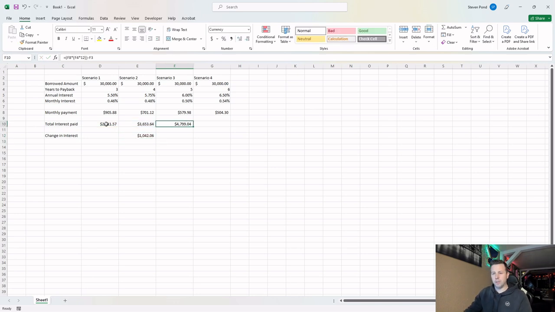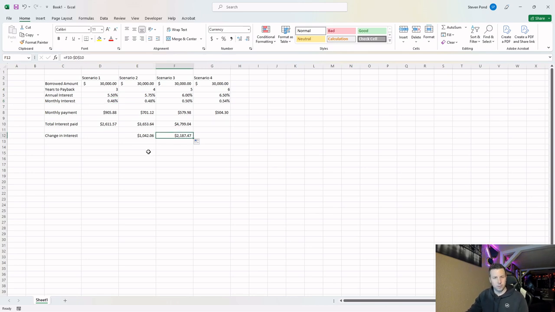I want to see the change from the latter scenarios to scenario 1. So from here, the change in interest for scenario 3 is over $2,000 of interest more by adding 2 years and another 0.5% over the initial scenario 1 of 3 years.